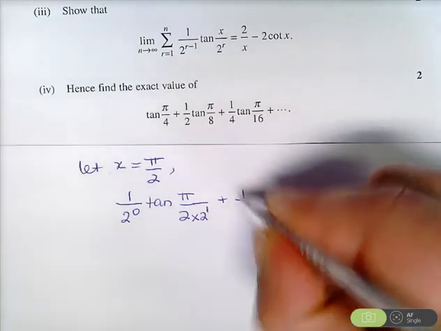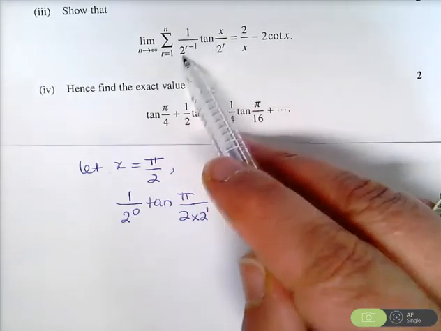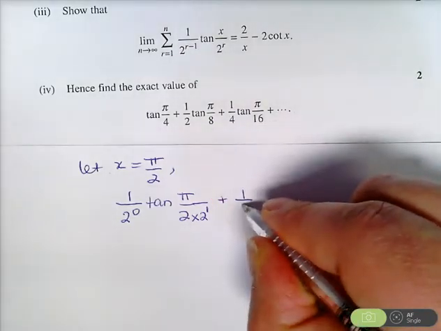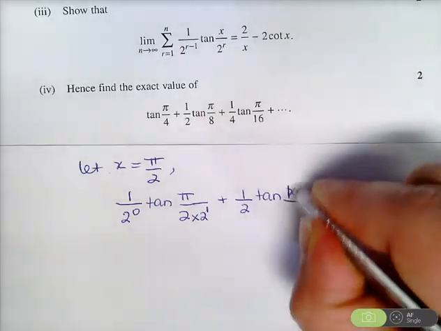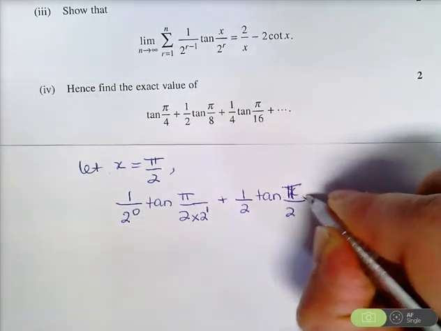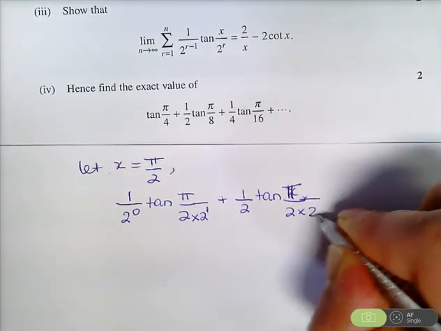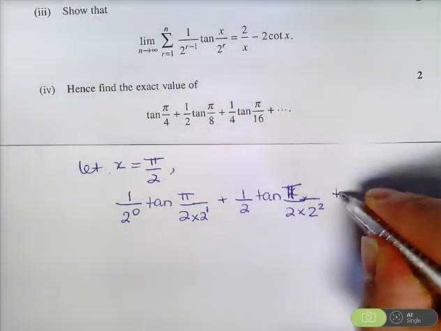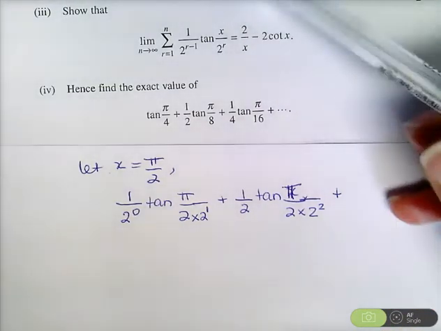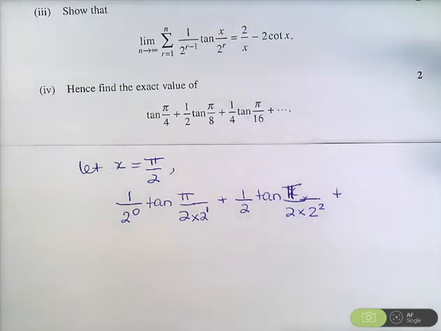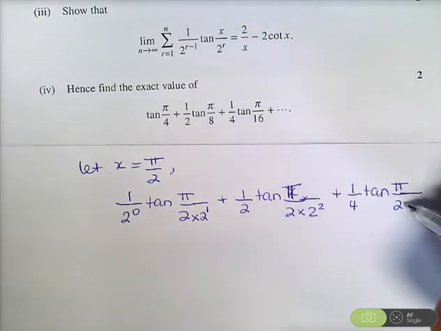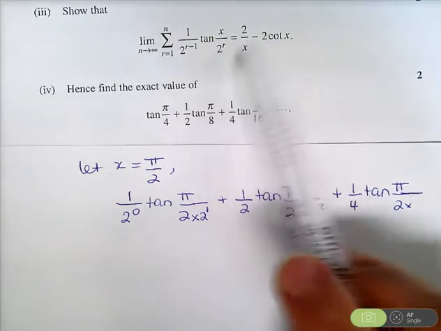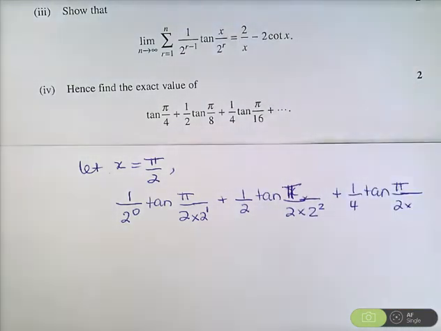Plus, if r is 2, we get 1 over 2 to the power of 1, which is a half, tan of x, where x is pi on 2, times 2 squared down here. Plus, if r is 3, we have 1 over 2 squared, which is a quarter, tan of pi on 2 times 2 to the power of 3 here, plus, etc.